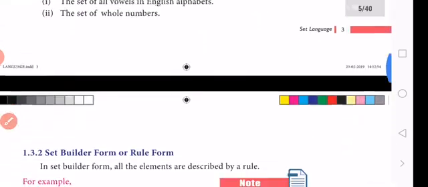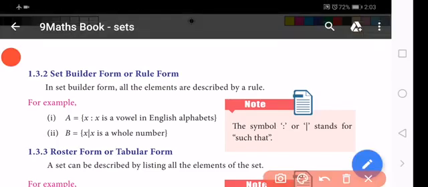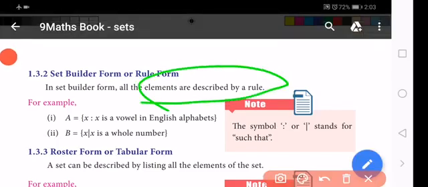And the second one is set builder form or rule form. This is a notation for describing a set by indicating the properties that members must satisfy. That means all the elements are described by a rule.